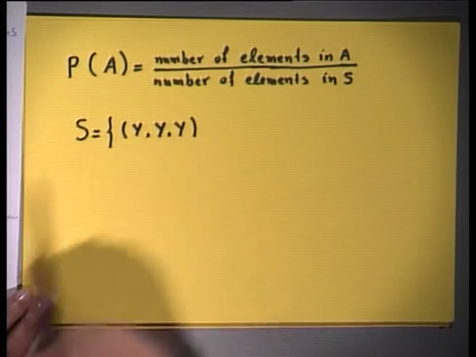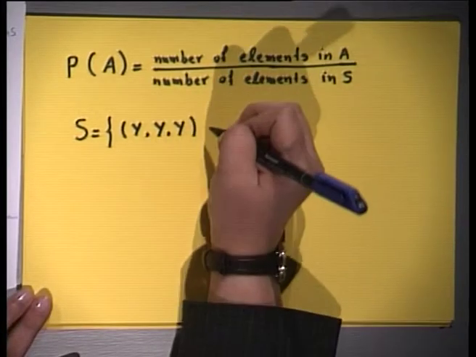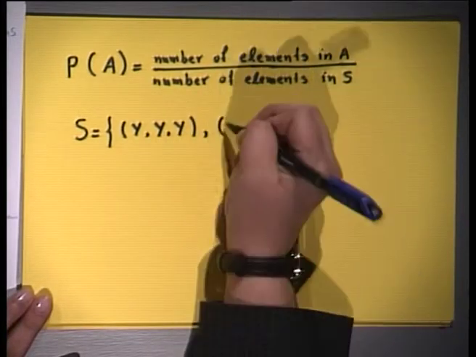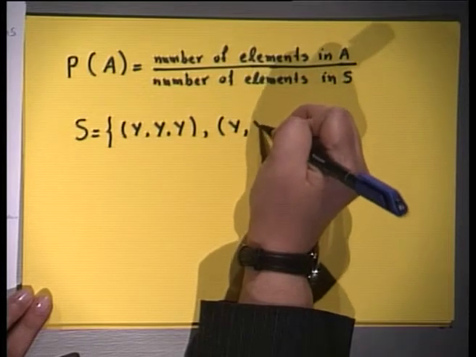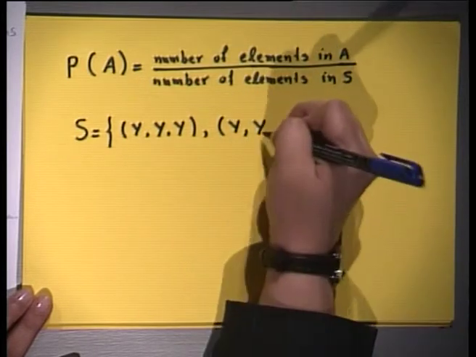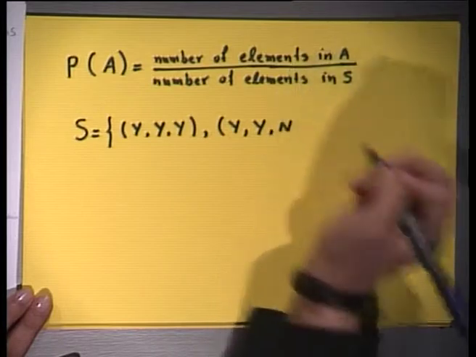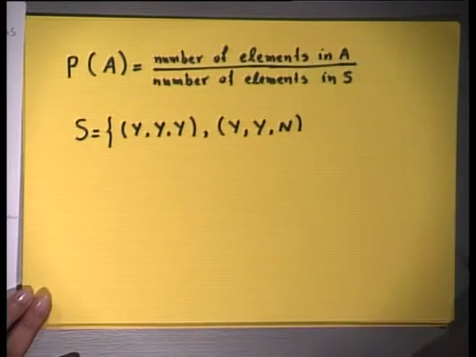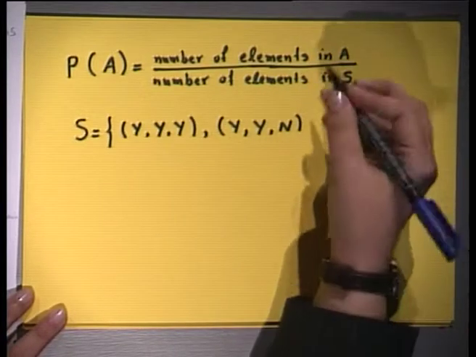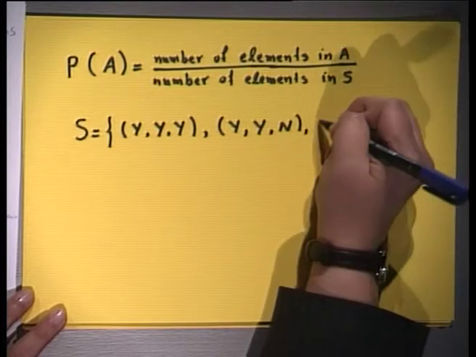Here, all three components work properly. In the case that the first two work properly and the third does not, we have this element, and so on.